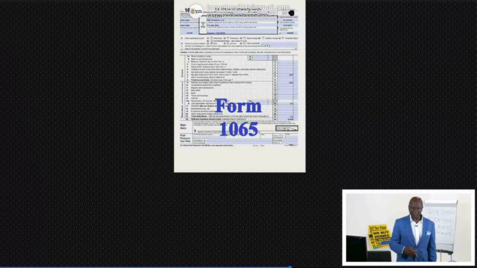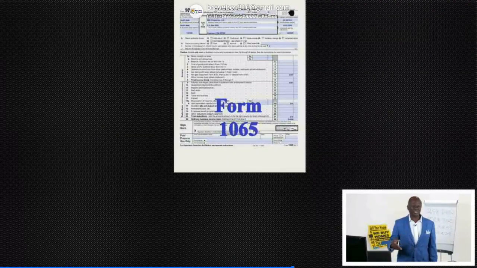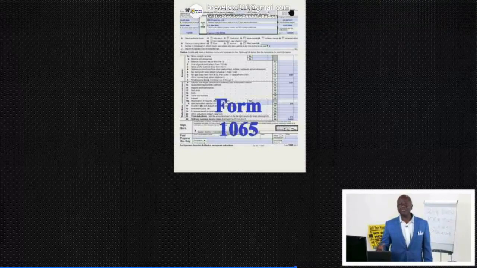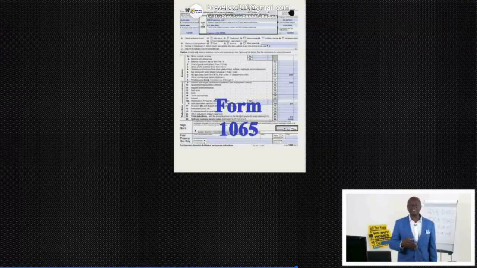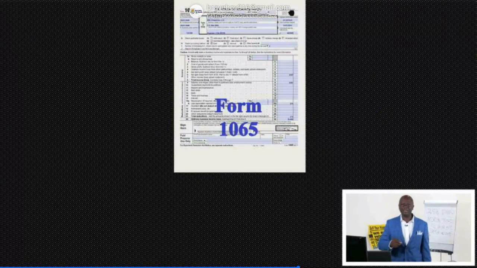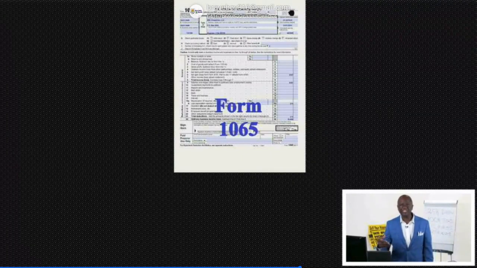Remember, that's a biggie. If you haven't made a note about that, that's what you need to make a note about. If you have a single member LLC, it is a sole proprietorship or a disregarded entity. All right. Now, you can have a single member LLC that's designated or elected to be taxed as an S corporation or C corporation.